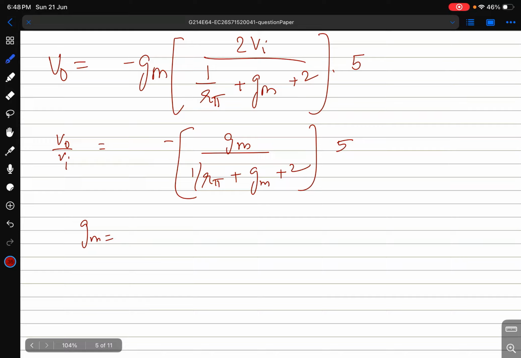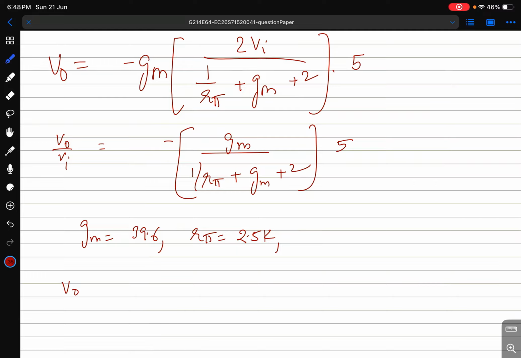Gm is 39.6, R pi is 2.5 kilo ohms. So I'll substitute it. I'll get minus 39.6 divided by 1 by 1.25 plus 39.6 plus 2, multiplied by 5.